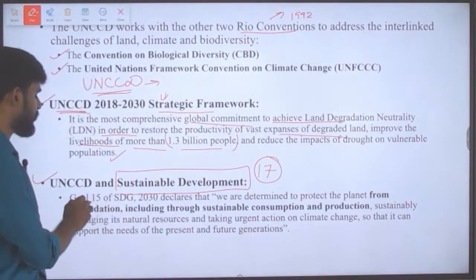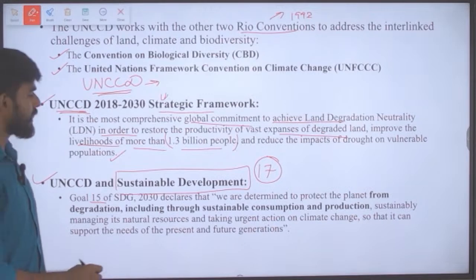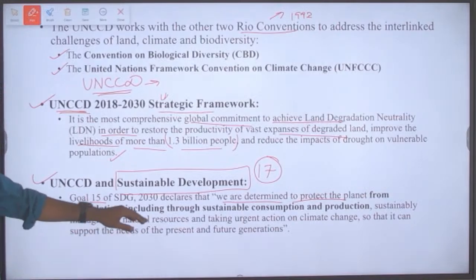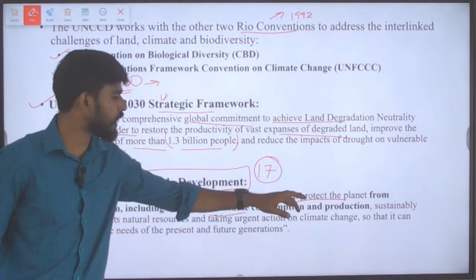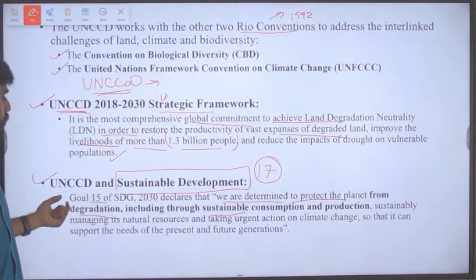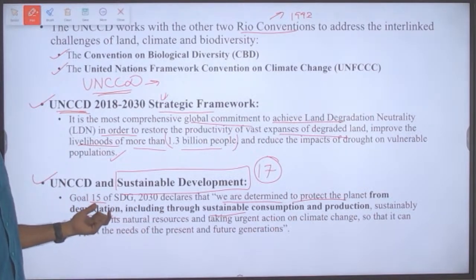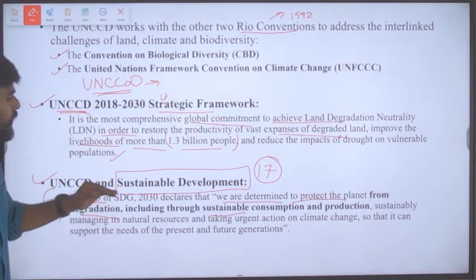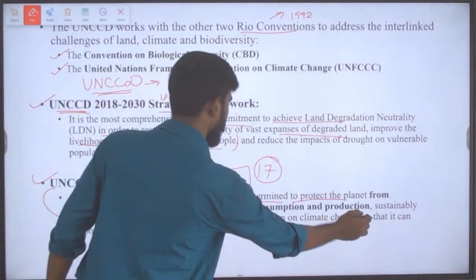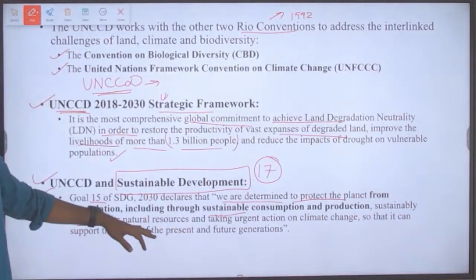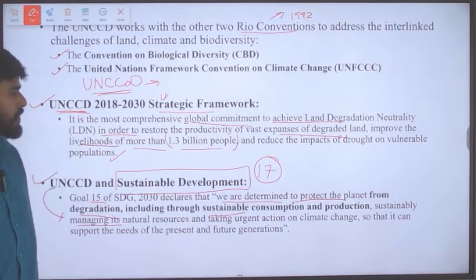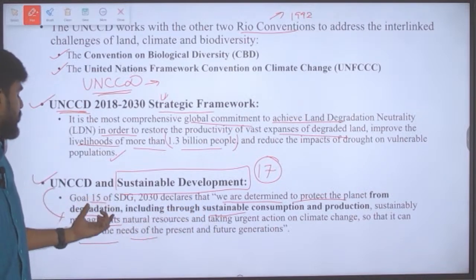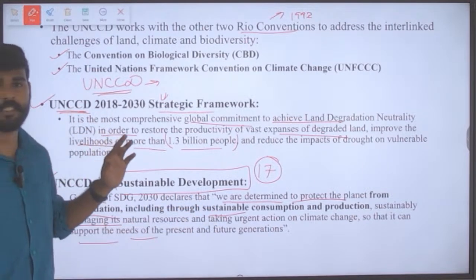Of these, the 15th goal says we are determined to protect the planet from degradation, including through sustainable consumption and production, and sustainably managing its natural resources, taking urgent action on climate change so that it can support the needs of the present and future generations. So this is Goal 15 of the Sustainable Development Goals, which is in line with the UNCCD convention.